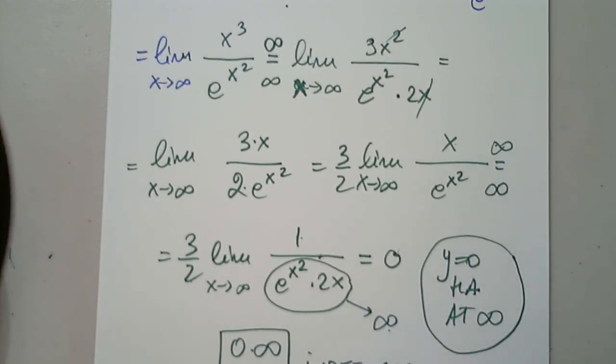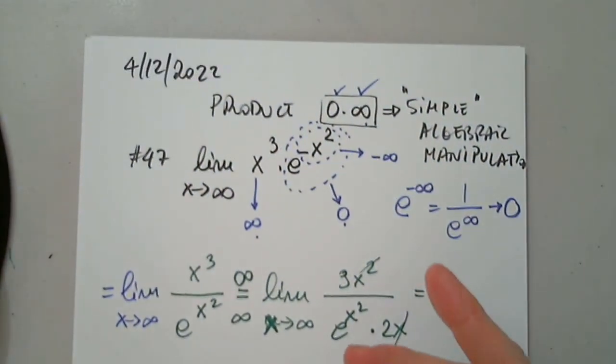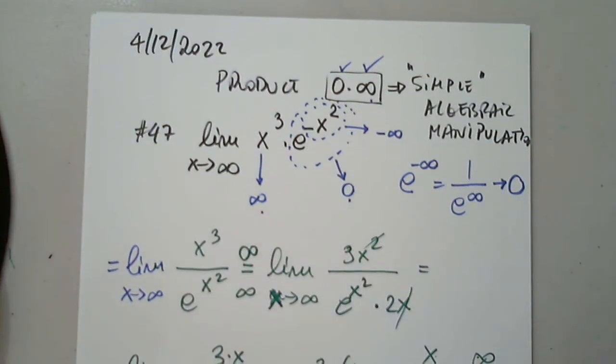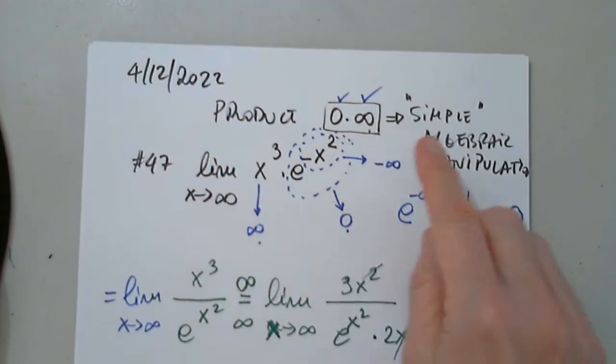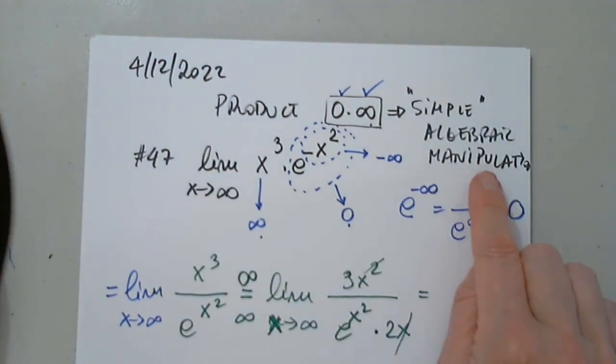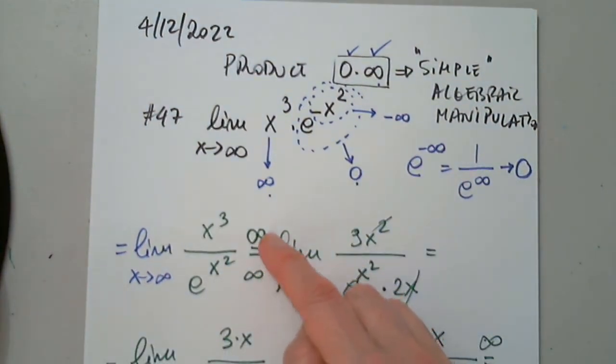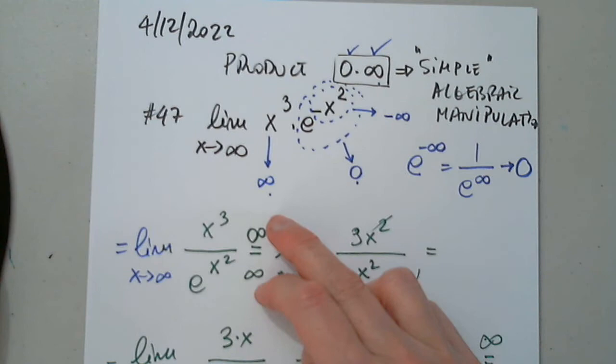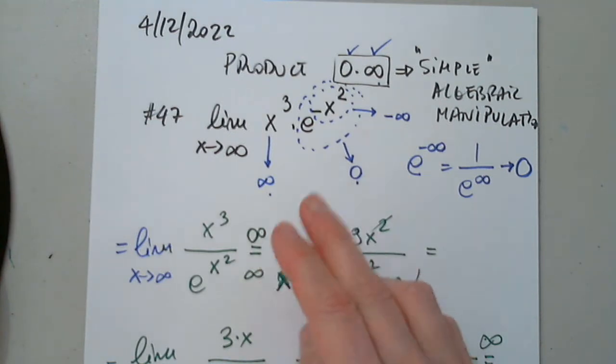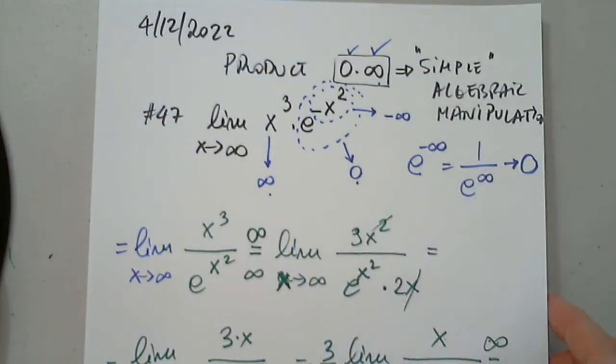No one can come up with the answer before we analyze step by step. So bottom line: 0/0, infinity over infinity, L'Hopital's rule. 0 times infinity, normally a very simple algebraic manipulation, changing the function into infinity over infinity or 0/0, so we can apply L'Hopital's rule.